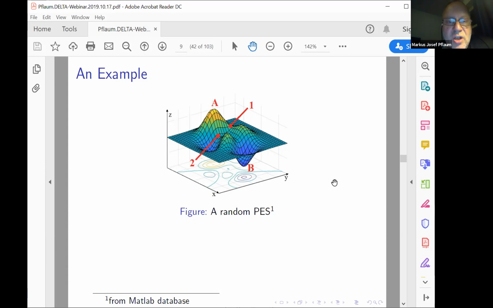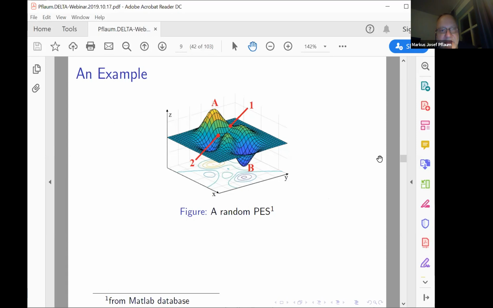If you have a more complicated molecule, the dimension might go into the hundreds and maybe even thousands, and you have hundreds or even thousands of local maxima and minima. So this is an idealization, but in principle that's the picture of how one thinks a potential energy surface looks.